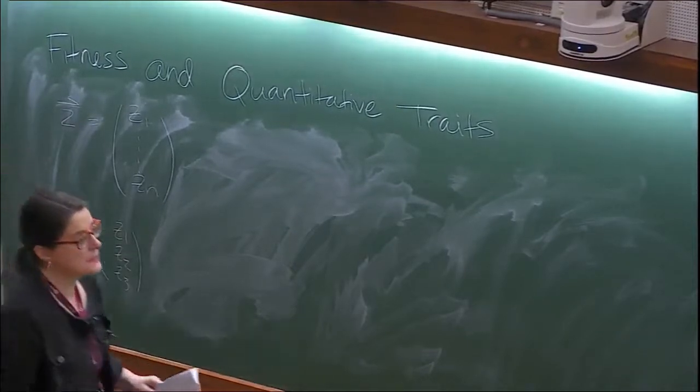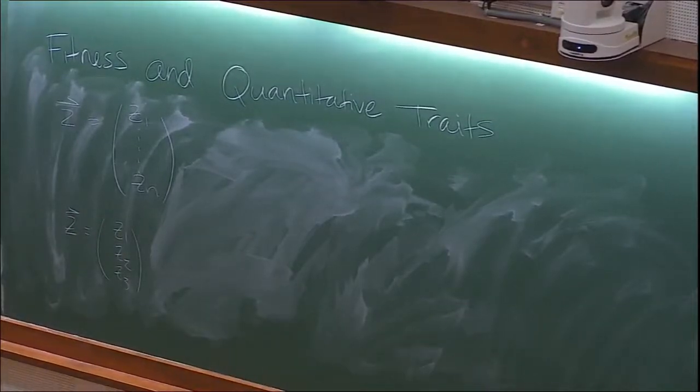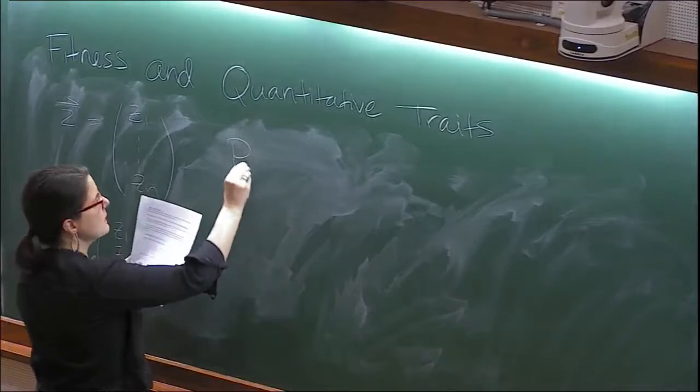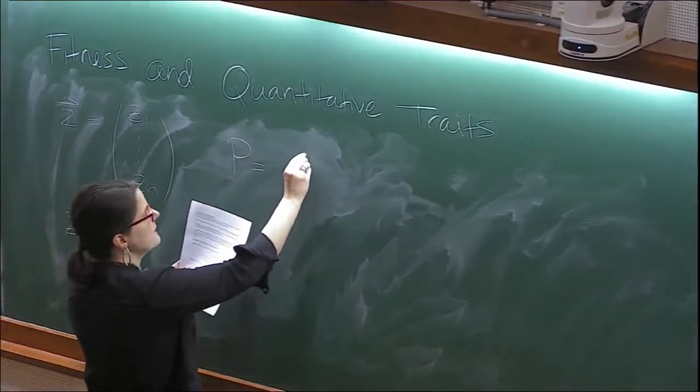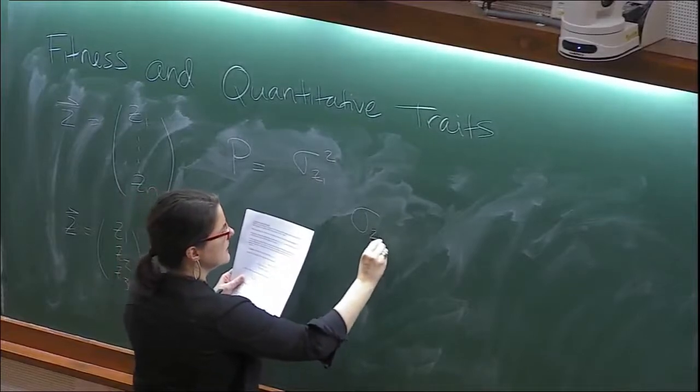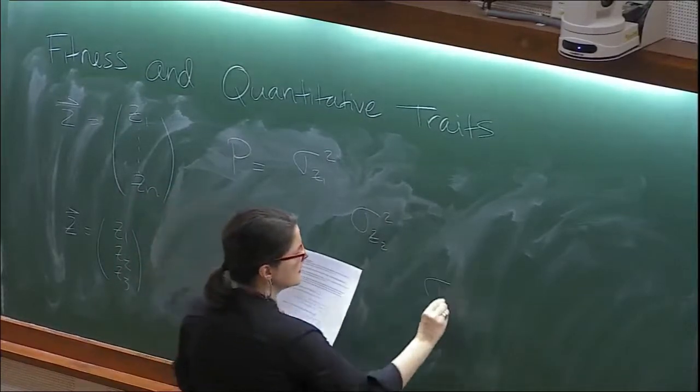If we look at these two equations that I have here, it's immediately obvious what we can do. We're going to define phenotypic variances and covariances. We'll have a matrix P, which gives in the diagonal the phenotypic variances.